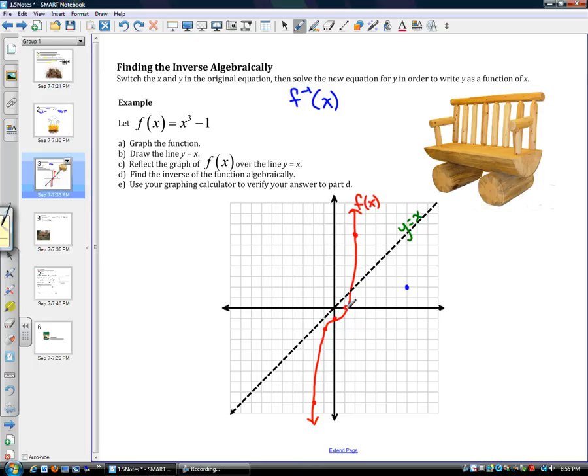This point was at 1, 0, so I'm going to go 0, 1. My next point was at 0, -1, so I'm going to go -1, 0. This point is -1, -2, so I have -2, -1. And my last one was -2, -9, so I get -9, -2.